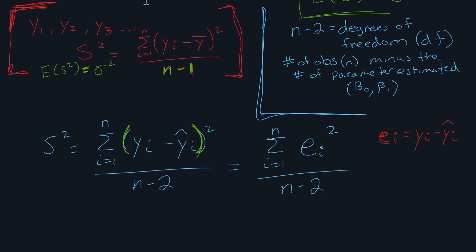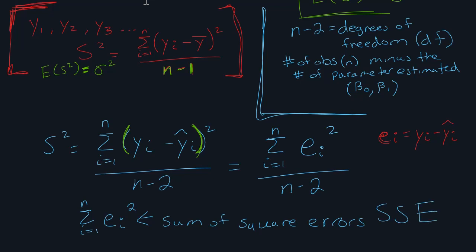Once you see that, it becomes clear that the term up top, the sum from i equals 1 to n of e sub i squared, is called the sum of squared errors, SSE.